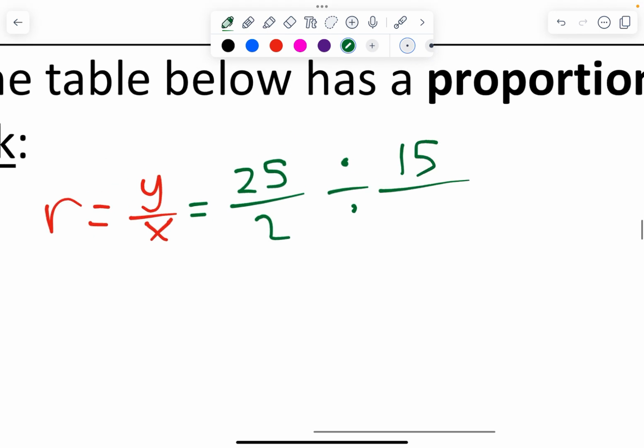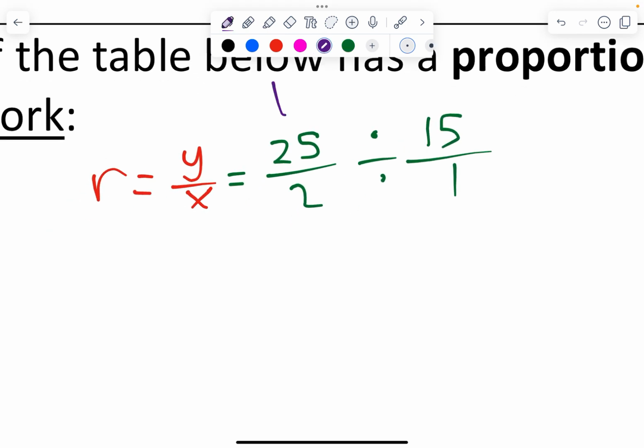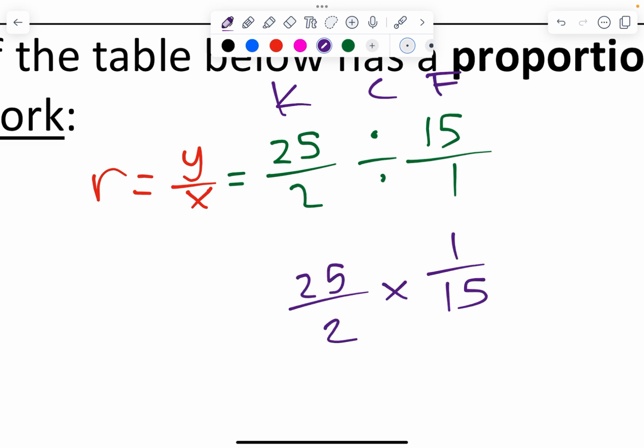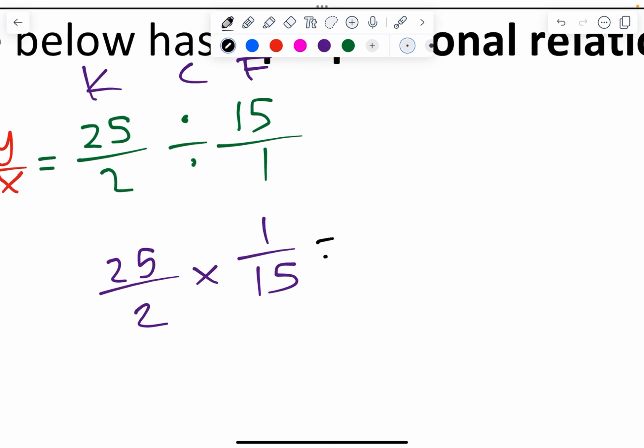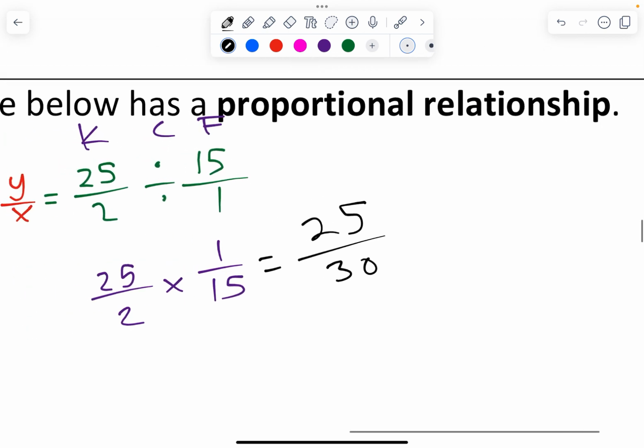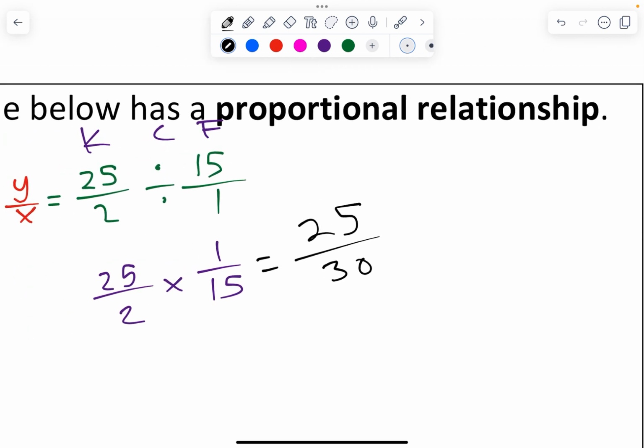But I got to put a 1 under that, okay? So from here, remember, keep, change, flip. So I keep this the same, I change this, and I flip this. 25 on top, 30 on the bottom. 25 times 1 is 25, and then 2 times 15 is 30, yeah?